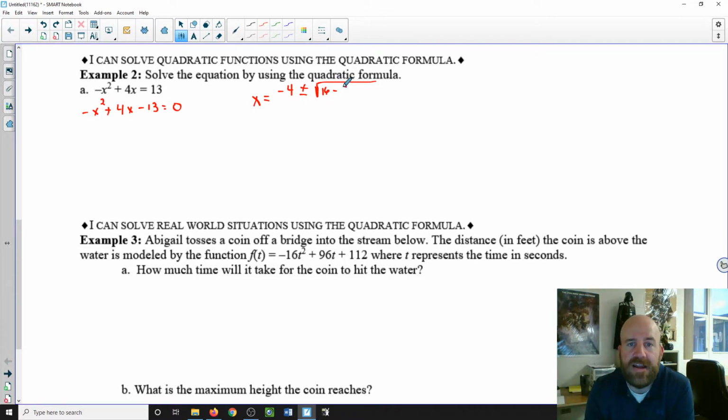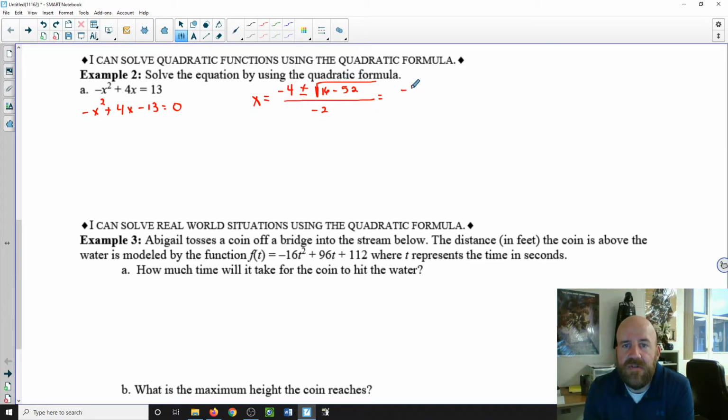So we're subtracting a 52. Okay. Make sure you get that same calculation. All over 2 times a. So 2 times a would be a negative 2, because a is negative 1.